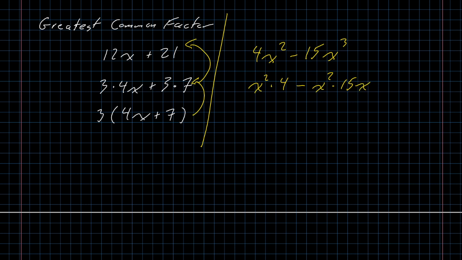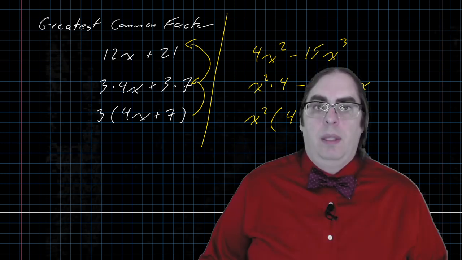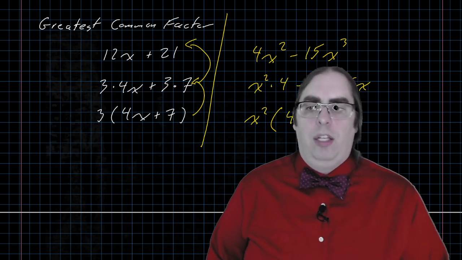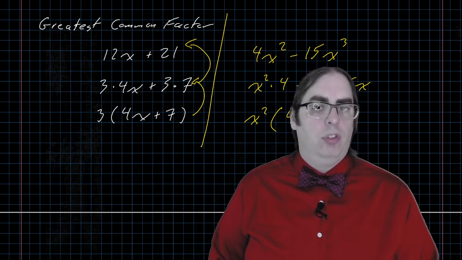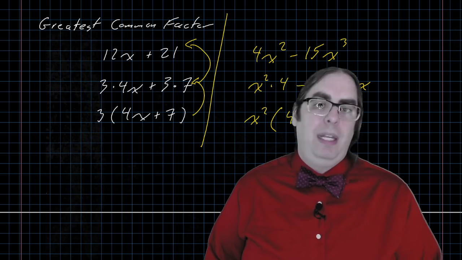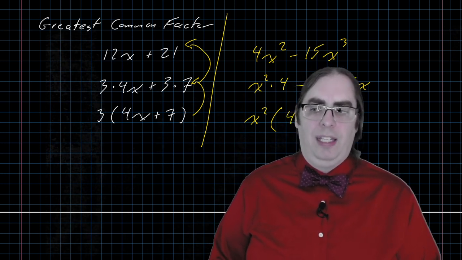And now that I see that, I can factor out the x squared, which will leave behind 4 minus 15x. Again, it looks exactly backwards to how you would simplify using the distributive property, and that's by design. It's just the distributive property working backwards. There's not a whole lot that I can do with this greatest common factors approach on its own, but it is a powerful building block for other techniques.